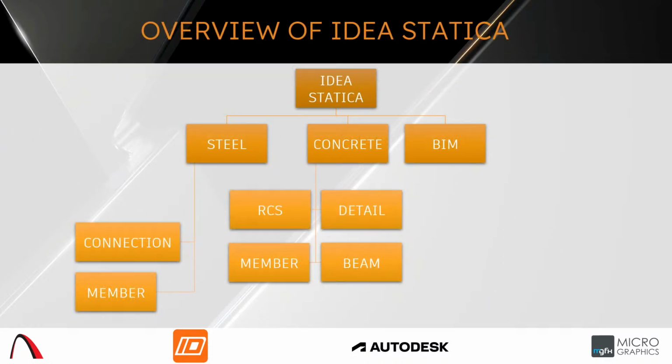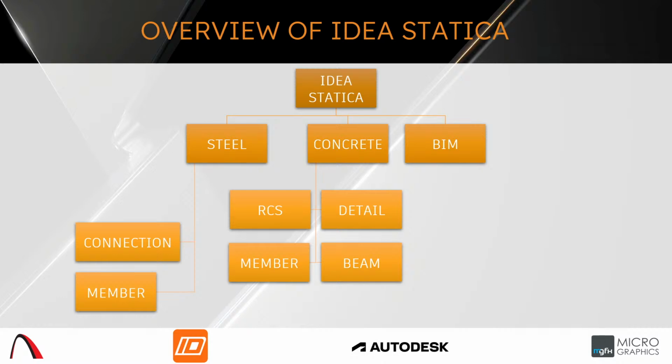All right, let's just look at a quick overview of IDEA StatiCa. We have got IDEA StatiCa at the top, which is, of course, the product. And within that product, we've got 3 tabs or wings, which consist of steel, concrete, and then the BIM link, which is also known as Checkbot. Now, within steel, we've got connection and member, and connection will receive quite a lot of attention from us today, just because I find that it is absolutely revolutionary for what it can do and how easy it is to work with.